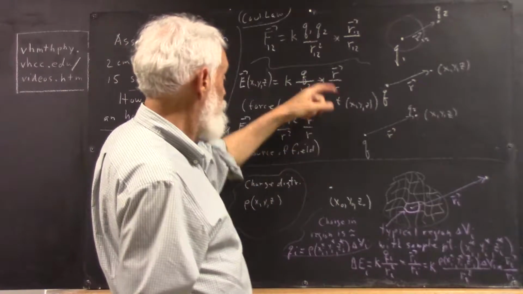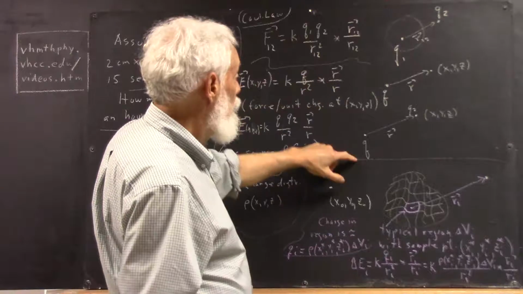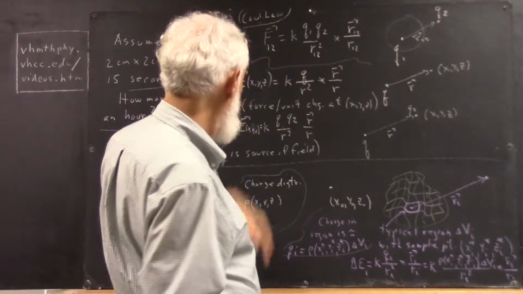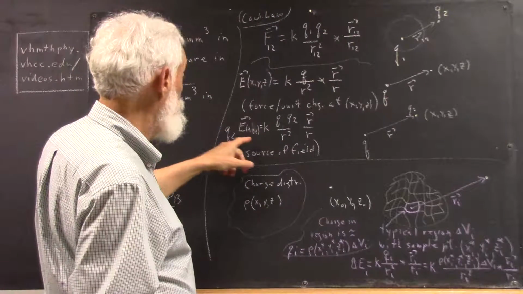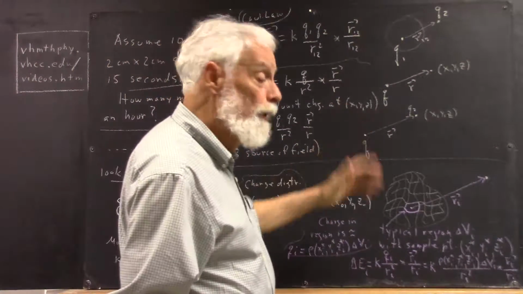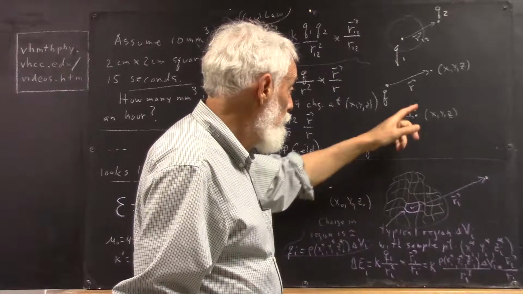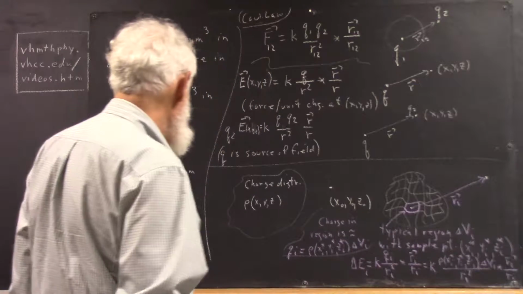And except that we're using Q here where we use Q1 here, this is identical to this. So if you multiply Q2 by the electric field at x, y, z, you get the force exerted by this charge on charge Q2 at that point x, y, z.